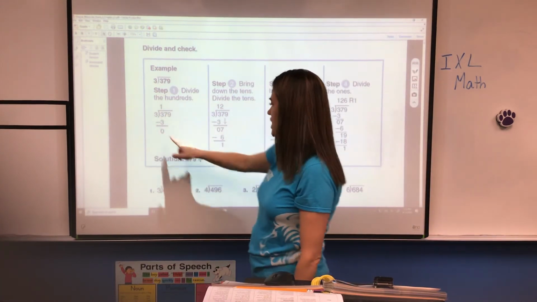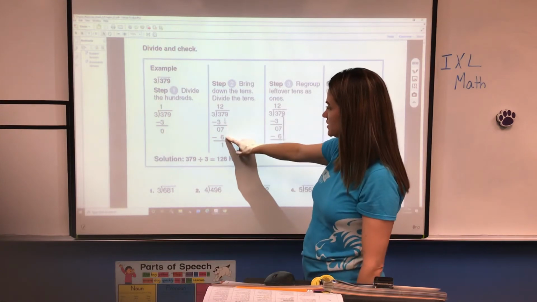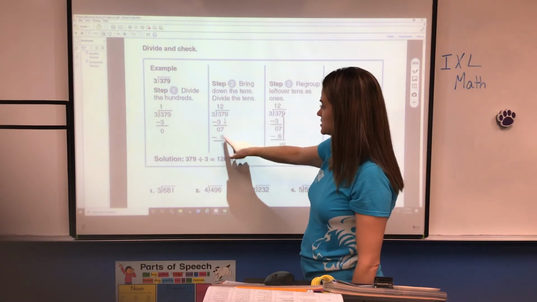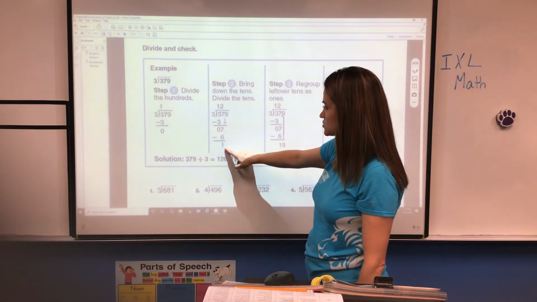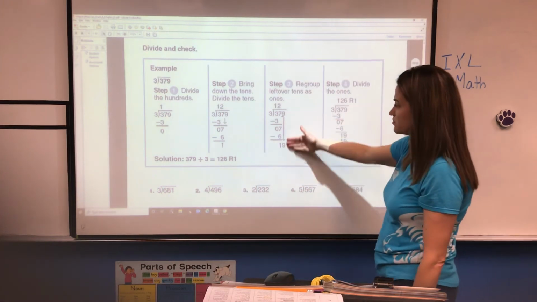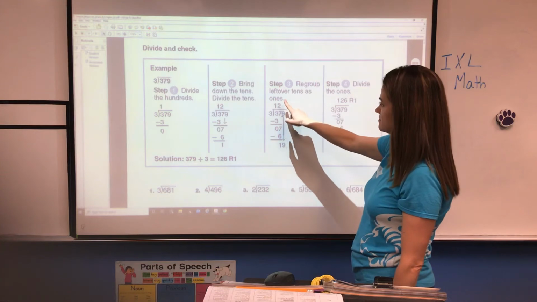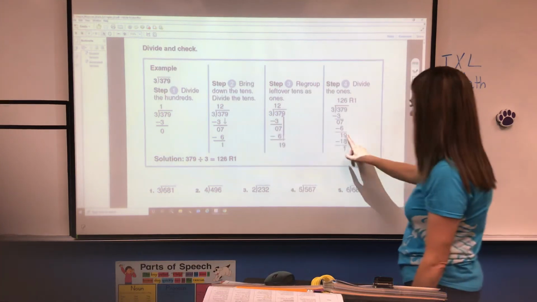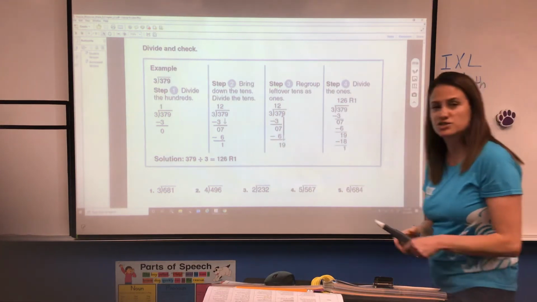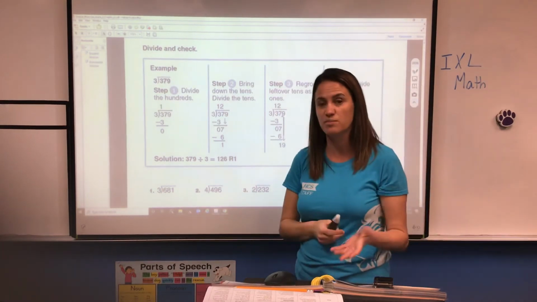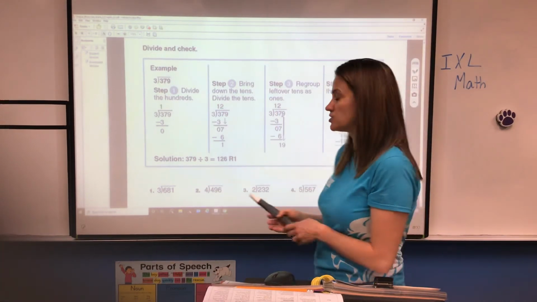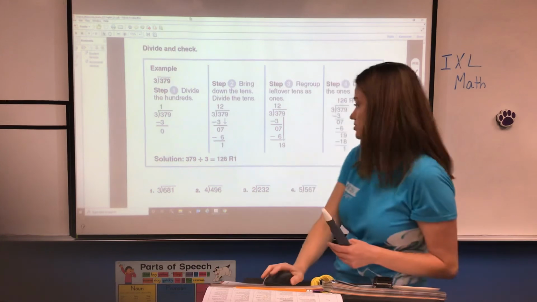They subtracted and brought down the 7. Now 3 goes into 7 2 times. You got 6 with 1 left over. The next step was to bring down the 9. 3 goes into 19 6 times. 6 times 3 is 18. And they have a remainder of 1, just like they showed in the video. So you can have remainders in 3 to 4-digit numbers, just like you did with the 2-digit numbers.